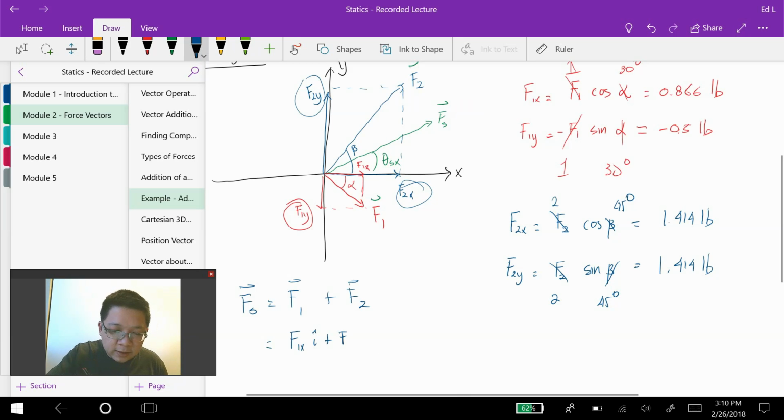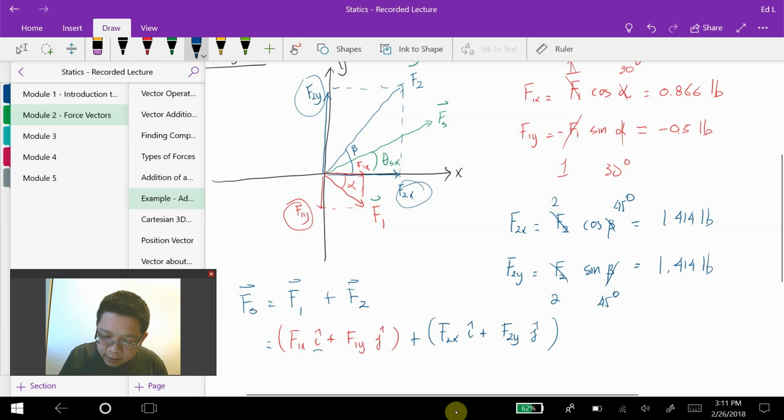Let's use red color such that it is consistent with what we did before. And in blue plus F2x i plus F2y j.